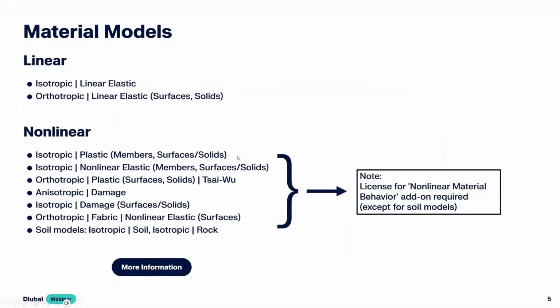Let me introduce the material models. Where are linear material models? They are included in RFEM. That's the isotropic linear elastic model and the orthotropic linear elastic model. And with the nonlinear material behavior add-on, you have these 6 material models available.